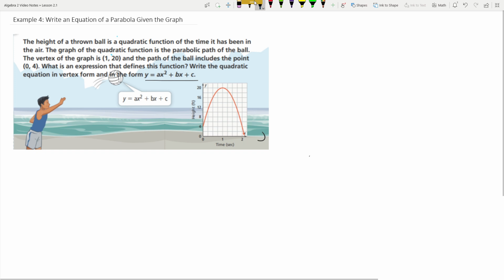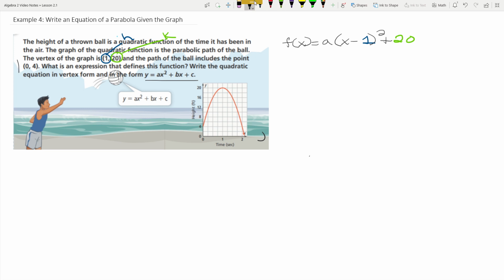So again, we know that this is h, and we know that this is k. So let's start there. We have f of x equals a times x minus, now h is 1, squared plus k being 20.